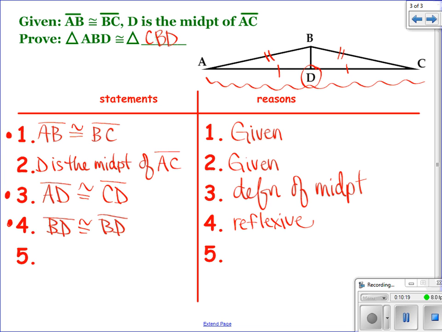We have 1, 2, 3 dots, which means we have our 3 sides that we were looking for. So we can say the triangles are now congruent. Reason? So we're going to learn 4 more shortcuts that have different acronyms at the end, other than side, side, side, in the upcoming sections. Are there questions on these proofs?